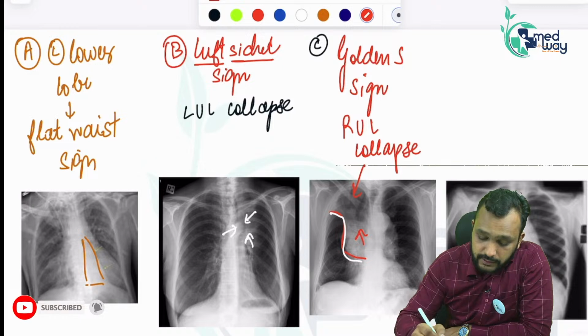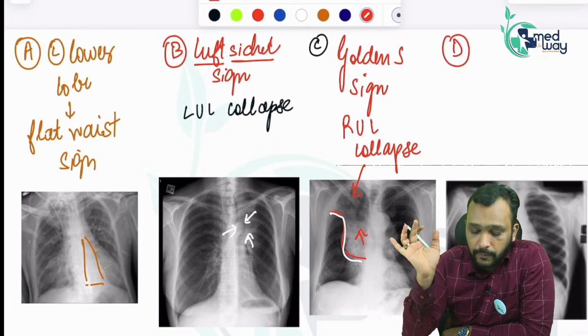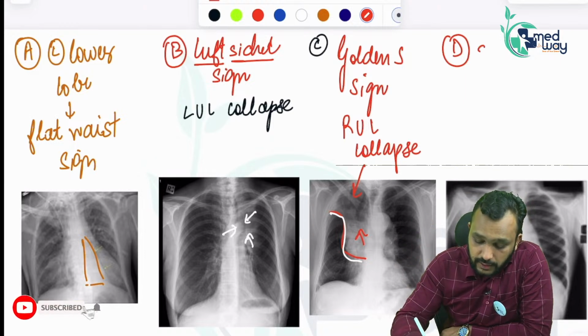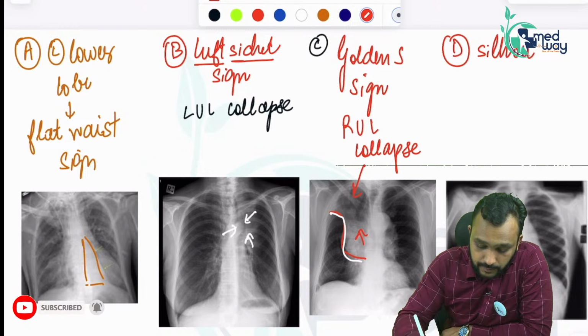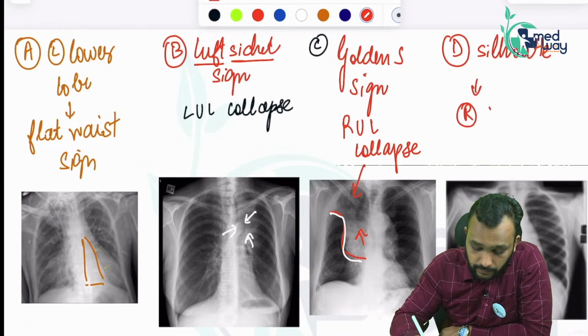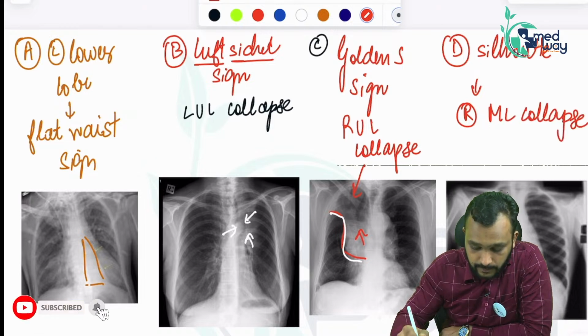And a homogeneous opacity in the right middle zone that is obscuring your right heart border. This is your silhouette sign, seen in right middle lobe collapse, right?